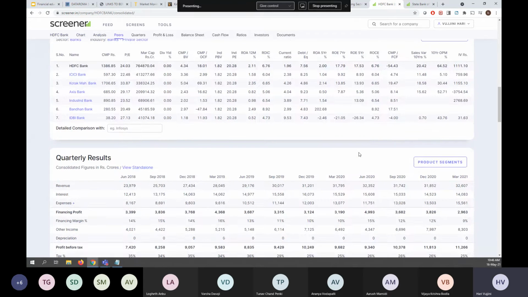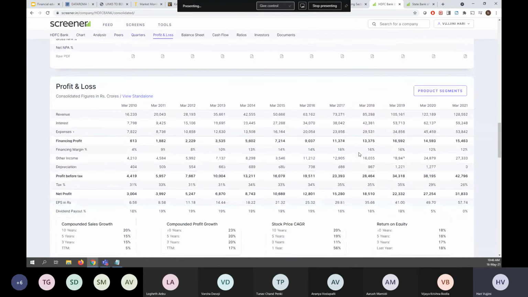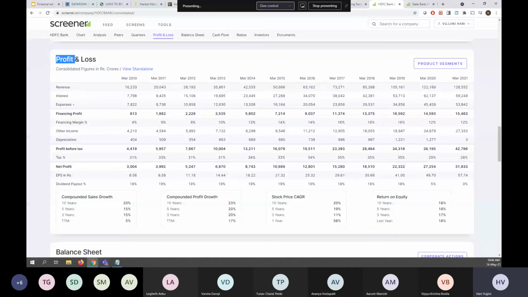If you look at HDFC, I'm looking at the P&L, the profit and loss statement. In the profit and loss statement, their net profit is 31,833, and their total revenue, the money they made, is 128,552.